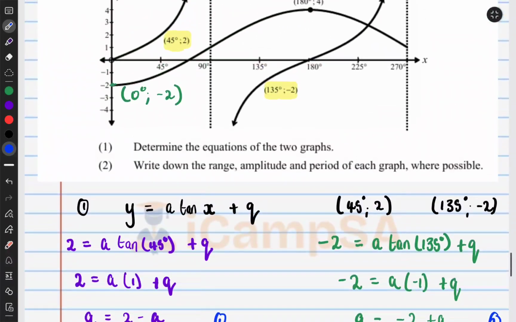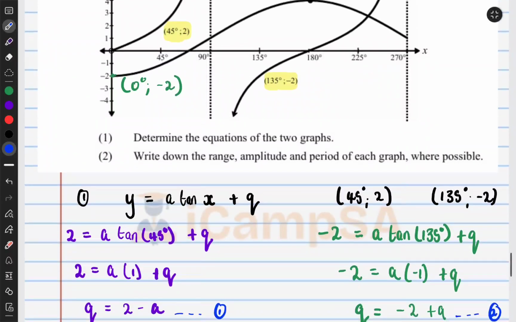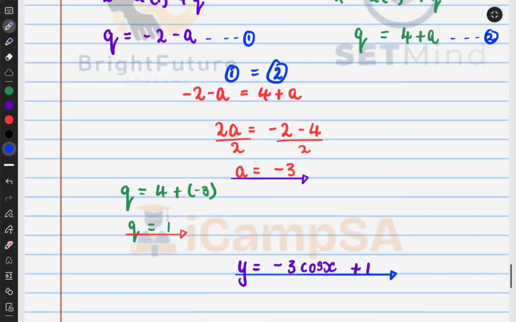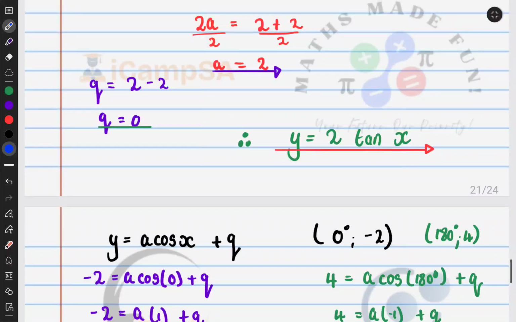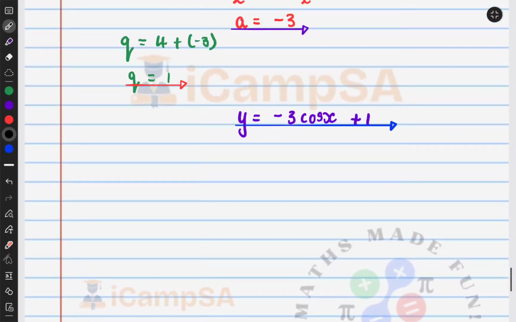Okay. Then next, we are asked to write down the range, the amplitude, and period of each graph where possible. So for the tangent graph, we know the range. It doesn't have the amplitude. For number 2, I will just do it like this.